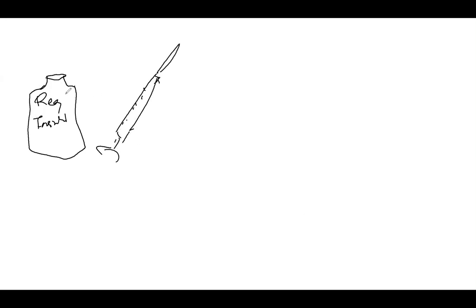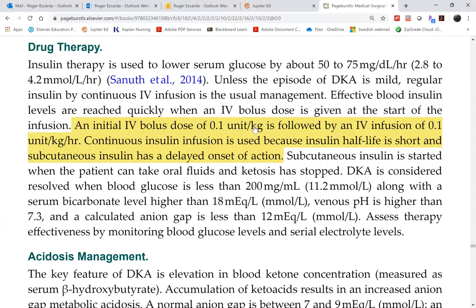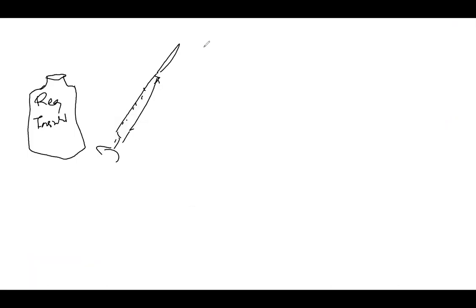If I weigh 70 kilograms and the standard is to give how much? 0.1 units per kilogram. So how much insulin are you giving me who weighs 70 kilograms? 7 units. Okay.